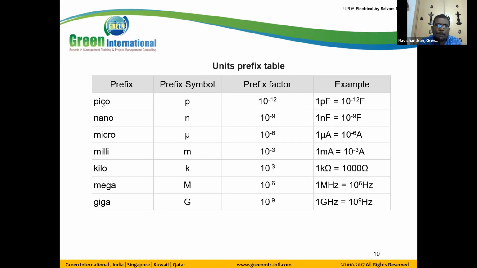Similarly, micro, nano, pico. Because sometimes the problem gives the value in terms of pico or nano, so we must convert the units, because the unit for resistance is ohm, not milli-ohm or mega-ohm.